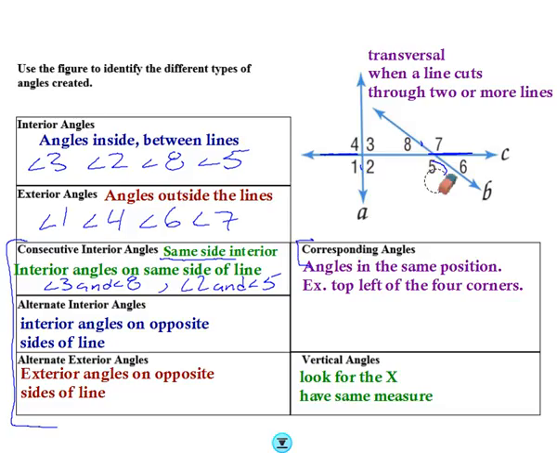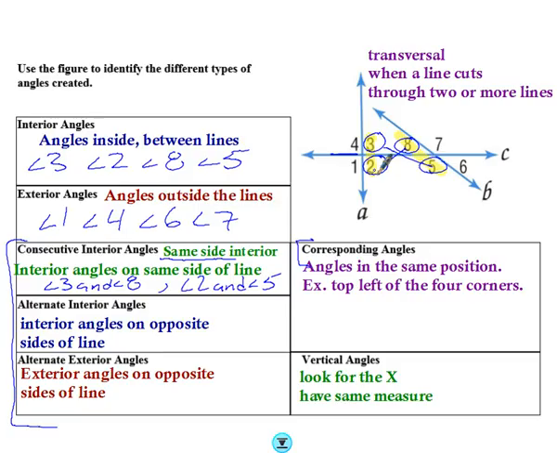Next angle relationship is alternate interior angles. So once again, we're working with interior angles, and it's sort of just the opposite of same side interiors. They're alternate interiors. They're on alternating sides of the transversal. Notice too that the relationship kind of hops between the two lines.